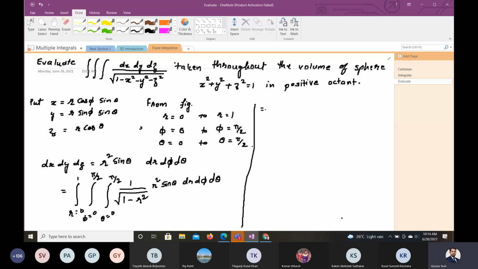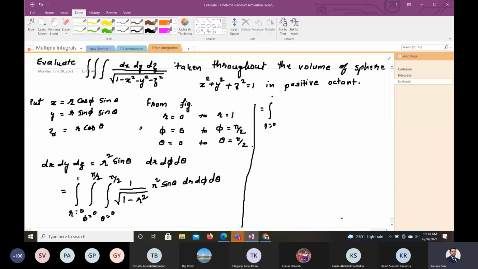So we can see that the limits are constant, and if you look at the integrand, it is the product of r square upon under root 1 minus r square, then you have sine theta. So you can write the integrand as the product of the functions of those 3 variables. By the property, we can directly separate and find the integration separately.